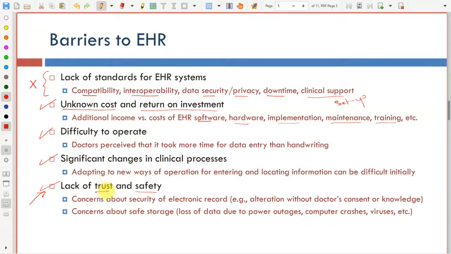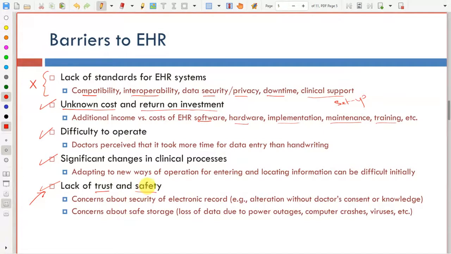This would make the diagnosis different and the treatment different and might cause harm to the patient. If it's in hard copy, it looks a little bit more authentic to the doctor, okay? At the beginning, they were worried about whether electronic forms are trustworthy or not, whether they are safe or not.